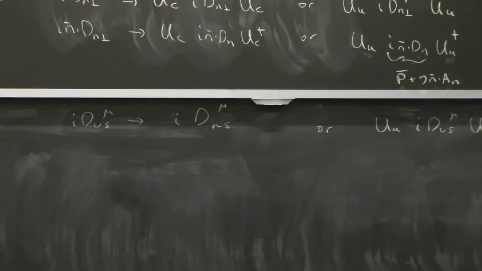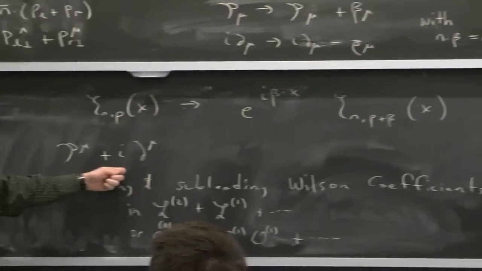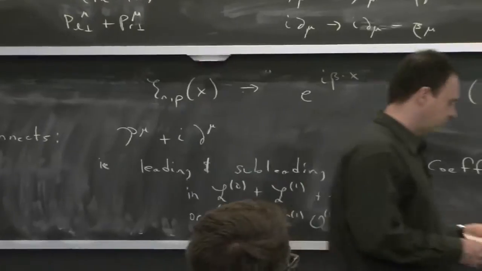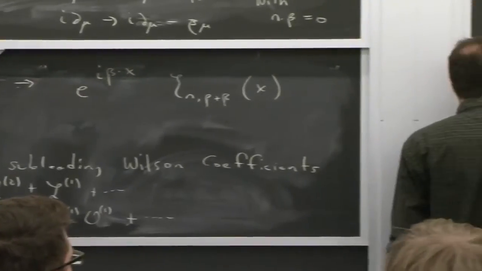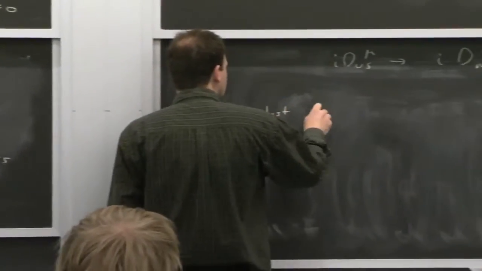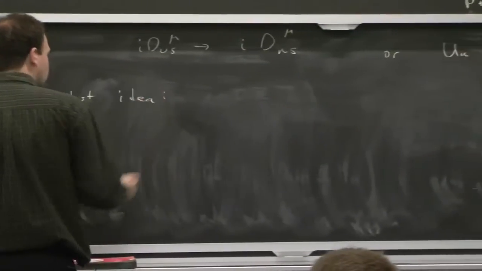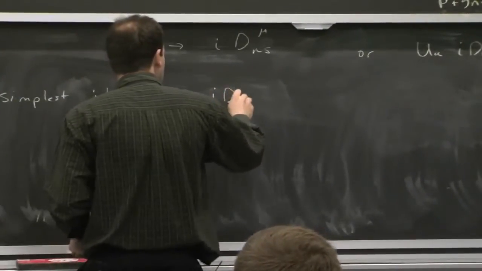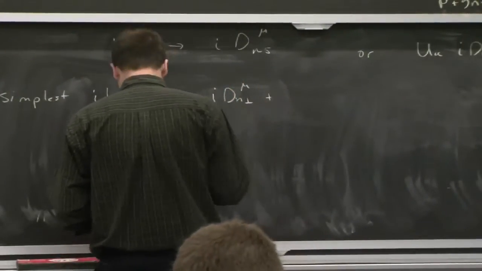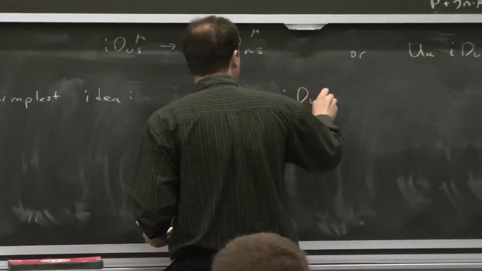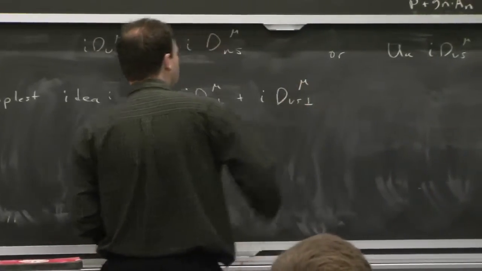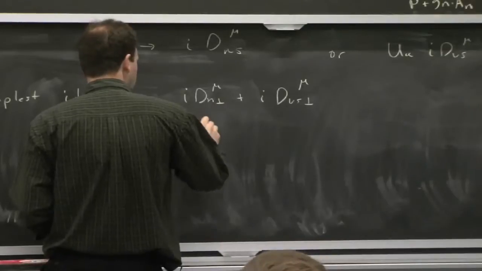So the simplest idea would be to just take these and replace this by a covariant derivative and that by a covariant derivative, right? It's always useful to think about the simplest thing first. So this would be the simplest thing.